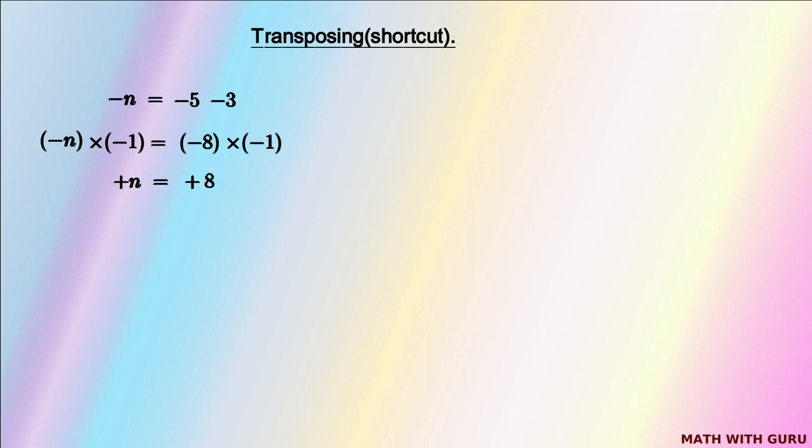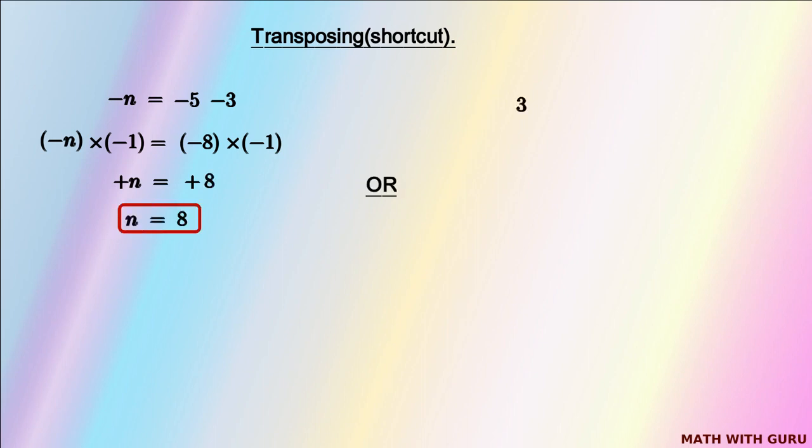Method of transposing. 3 minus n equals minus 5. Let us transpose 3 to the right hand side. It becomes negative. Minus n equals minus 8. Multiply both the sides by minus 1 to make n positive. Plus n equals plus 8. n equals 8.